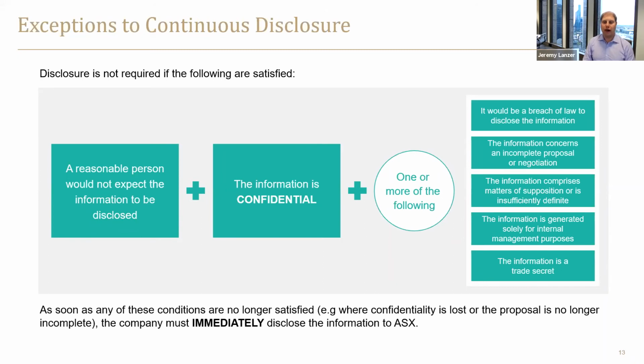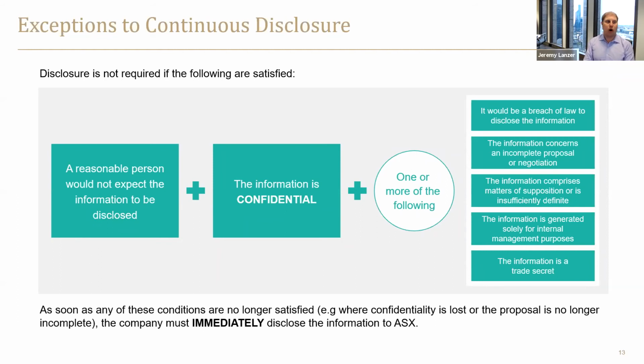And so that's a real challenge, because you'll often have situations where there's something that is absolutely material and we're not yet ready to disclose, but we're forced into a situation where confidentiality is lost. And as soon as confidentiality is lost, the market will start expecting things, and the market will start forming its own view around certainty of a potential matter occurring, whether that be positive or negative.